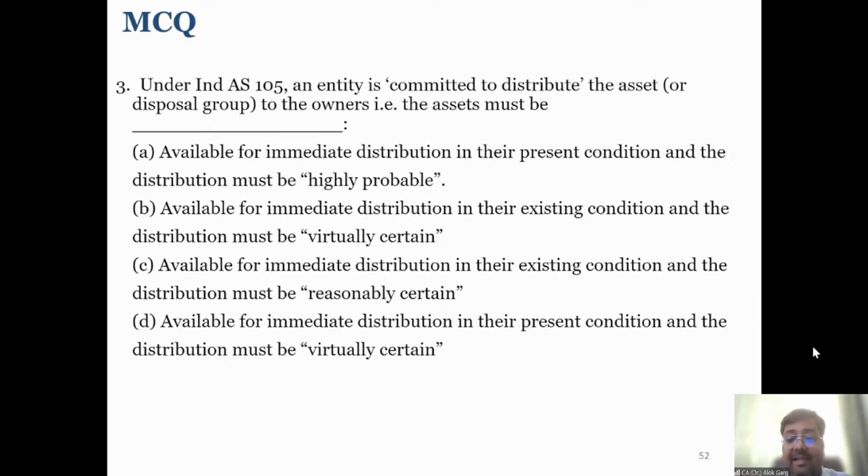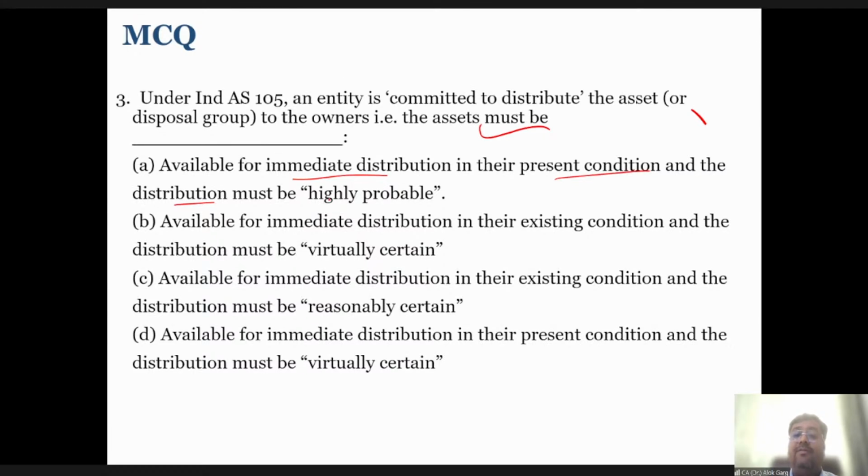So what is the criteria for held for distribution? Available for immediate distribution in present condition and distribution is highly probable. That's all, right? So under Ind AS 105, an entity is committed to distribute the asset or disposal group to the owner. That is, the asset must be available for immediate distribution in its present condition and the distribution must be highly probable. That is just a small concept, right? Everything is the same relating to the accounting treatment, right?